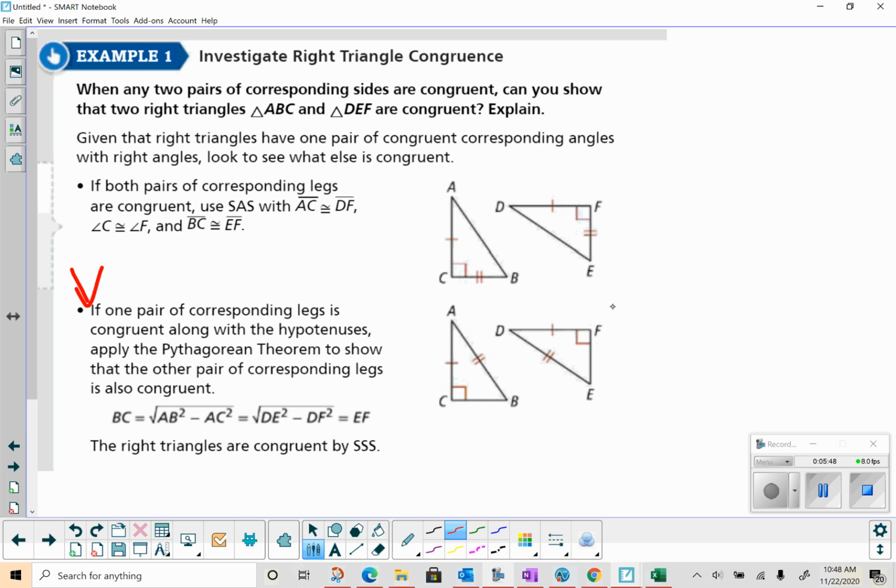But the fact that it's a right triangle gives us an additional restriction, the Pythagorean theorem. If we go through and figure out the length of BC and the length of EF, well, wait a minute. If you're given two sides of a right triangle, the Pythagorean theorem will help us solve for the length of that third side.